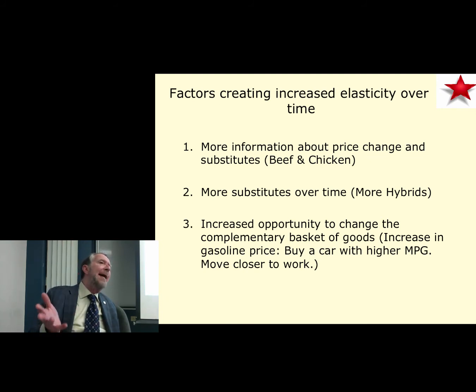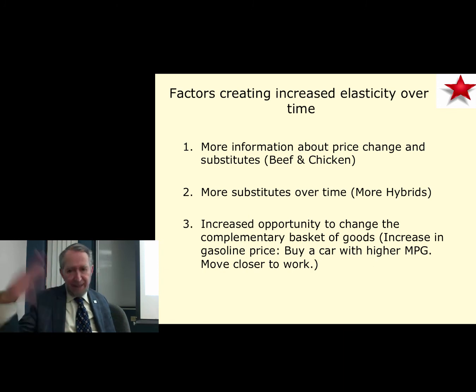Secondly, over time, there tend to be more substitutes. In 1979, Saudi Arabia, or OPEC, greatly restricted the sale of oil, and gasoline prices went up a lot. And we actually ended up rationing gasoline in the United States because they wanted to prevent the price from going even higher.